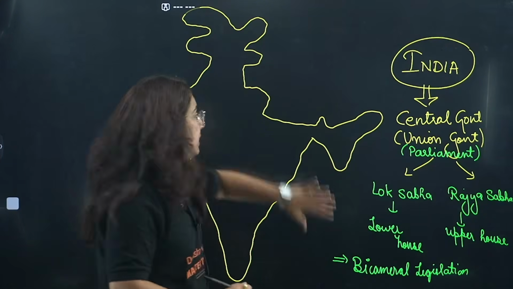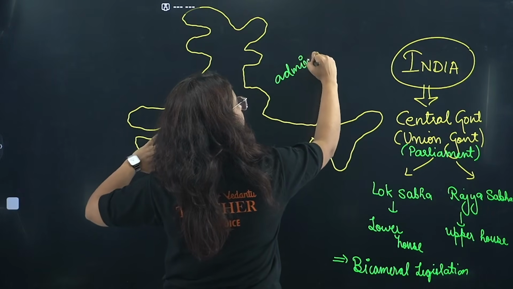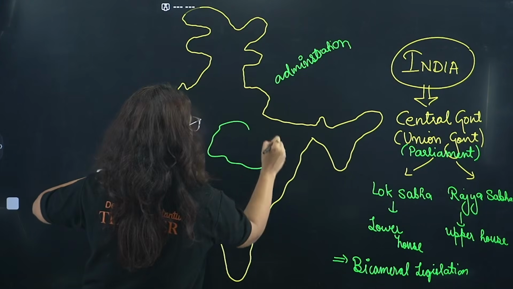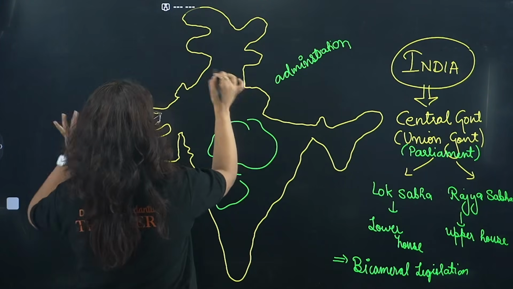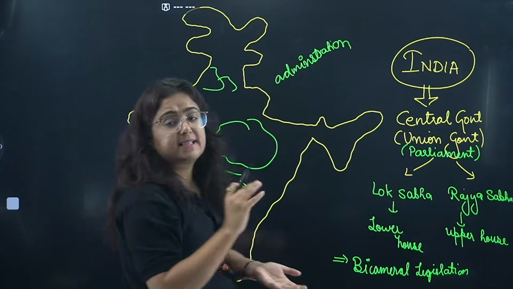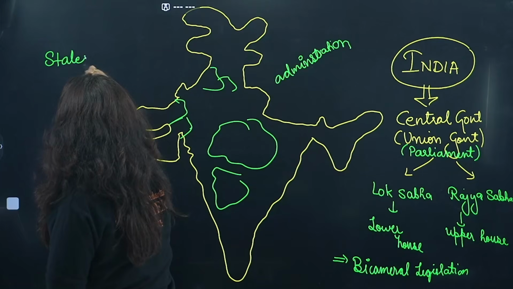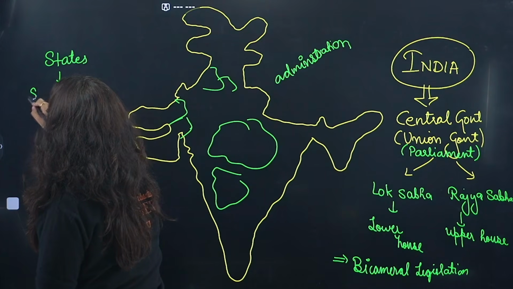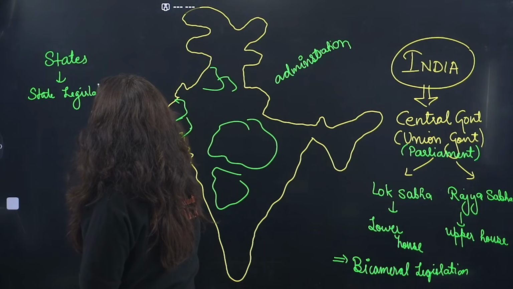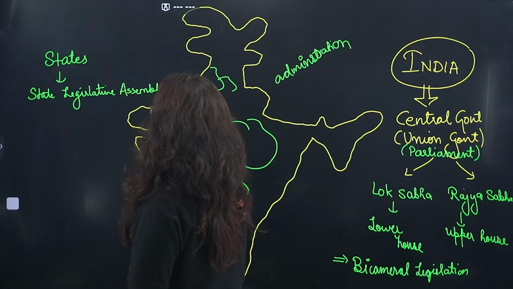Now what happened, beta? India, for the purpose of administration, is further divided into states and UTs. Just a rough drawing I am making. In those states, the government is the state legislative assembly.